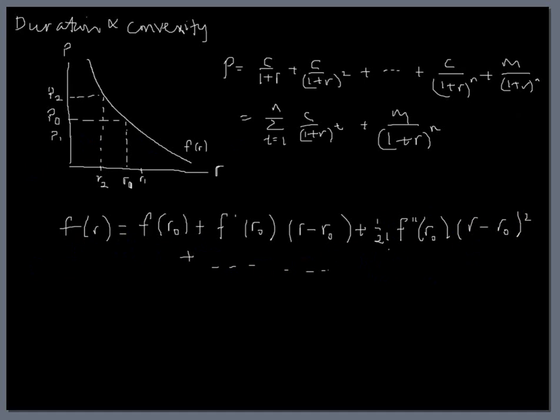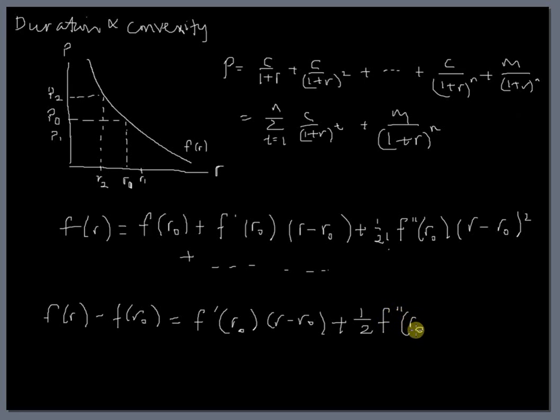Let's rewrite this equation as follows: f of R minus f of R0 equals the first derivative at R0 times R minus R0, plus 1 over 2 factorial, which is 1 over 2, times the second derivative at R0 times R minus R0 squared. I'll ignore the higher order terms because they are negligible when the change in R is very small.